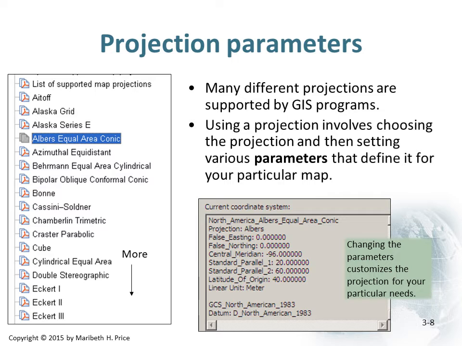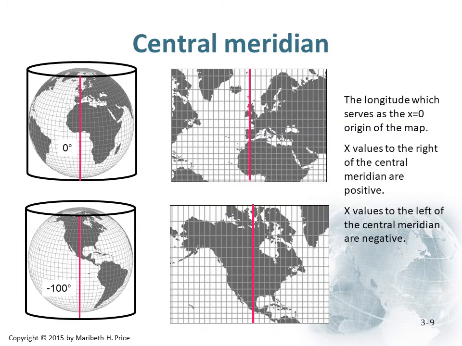Here, for example, we're looking at the properties of Albers equal area conic, and if you look at the projection parameters, you'll see that we have no false easting or false northing, but we do have a central meridian, two standard parallels and a latitude of origin, and we have the base GCS that this is off of, and then the datum that that GCS is off of, and it's all listed right there. And this is important because if you want to adjust these, you have to change some of these numbers, and we'll talk about that in another set of slides.